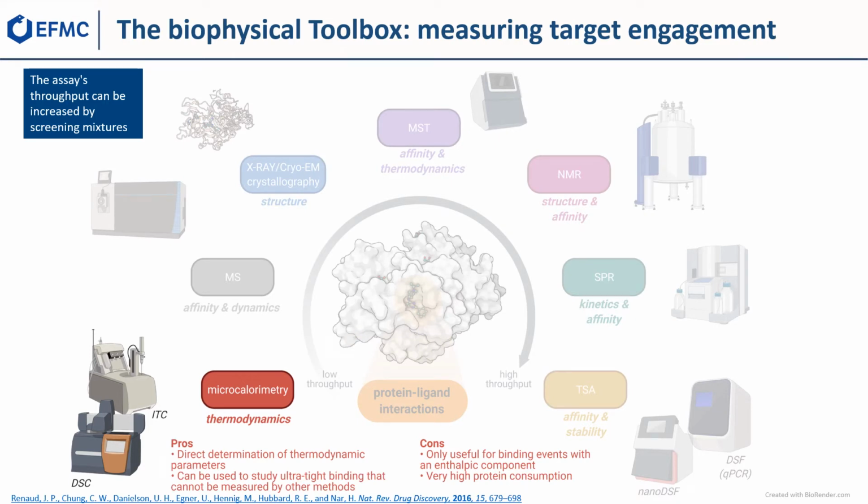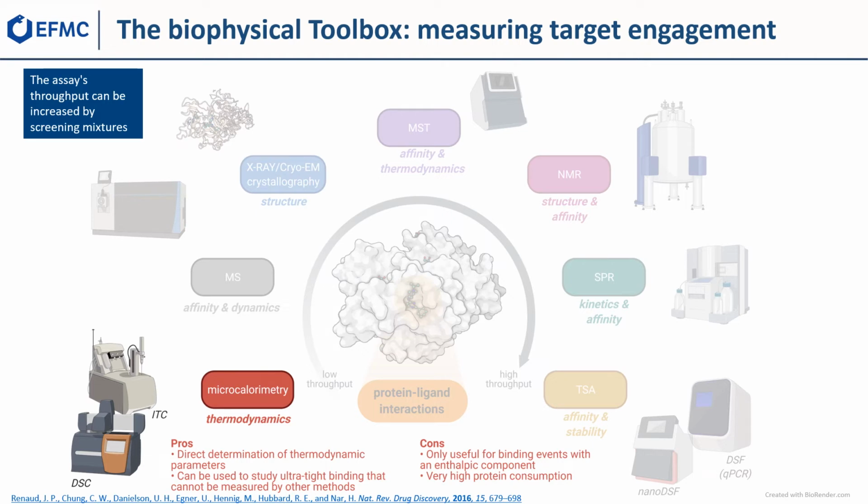Two major microcalorimetry techniques are used for studying protein-ligand interactions. Isothermal titration calorimetry, or ITC, measures the generation or consumption of heat following titration of a ligand onto a protein, or the reverse. The data obtained include stoichiometry, KD, change in enthalpy, change in entropy, and the heat capacity change.